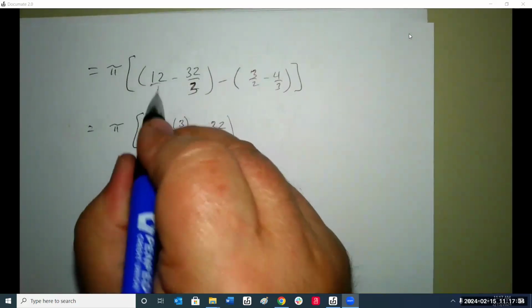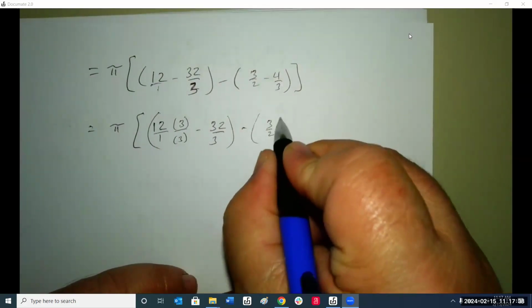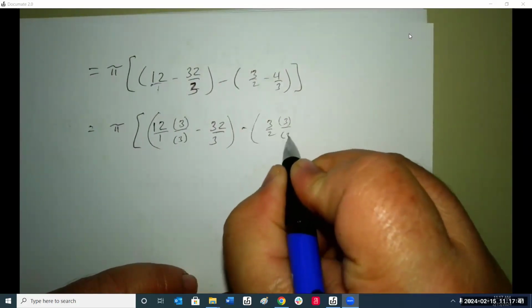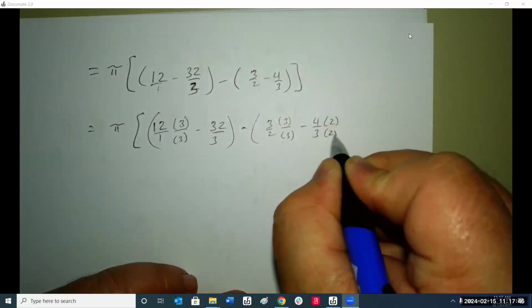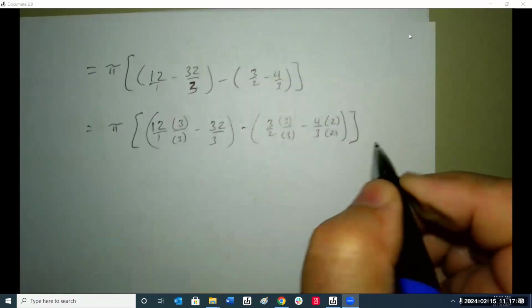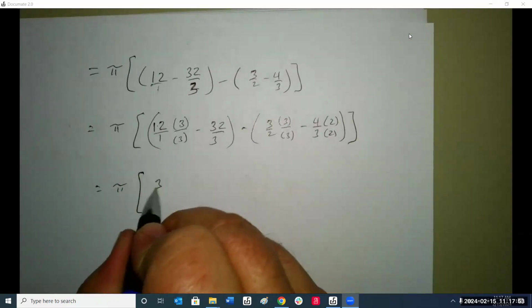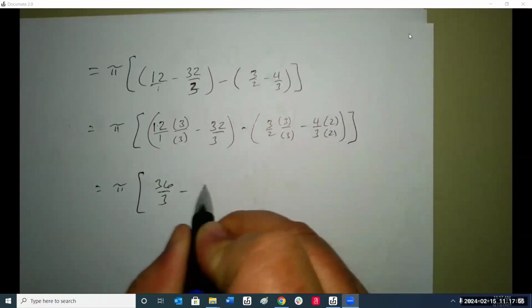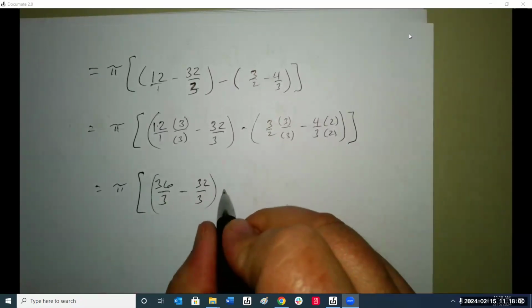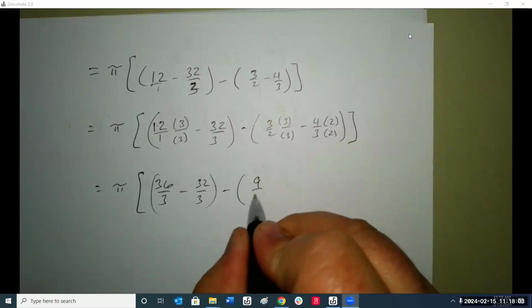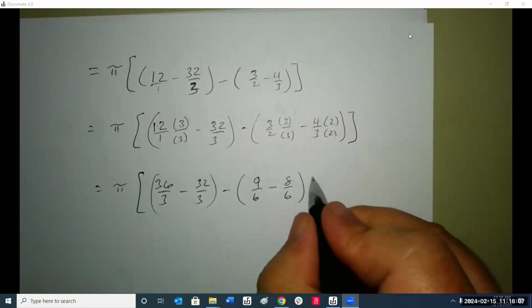So a common denominator here. Same thing here. 36 minus 32 over 3. 9 over 6 minus 8 over 6.